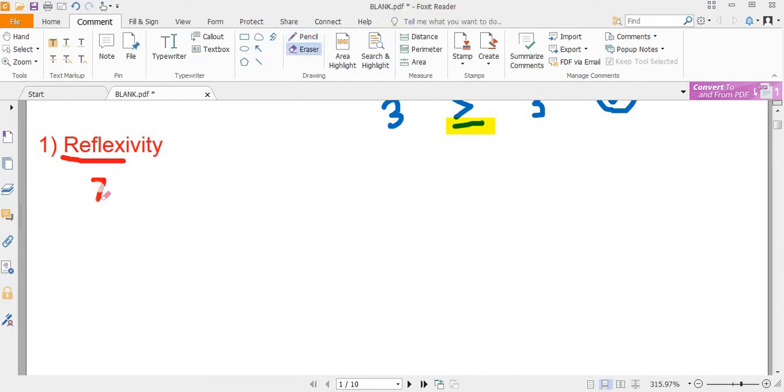The property of reflexivity says, let me mention the mathematical expression, then we'll look at it in terms of an example, and then we'll see what we actually mean by the mathematical expression. So let me just say the mathematical expression. The property of reflexivity says that for any x belonging to the set of numbers that you have chosen, so actually let me include something before that.